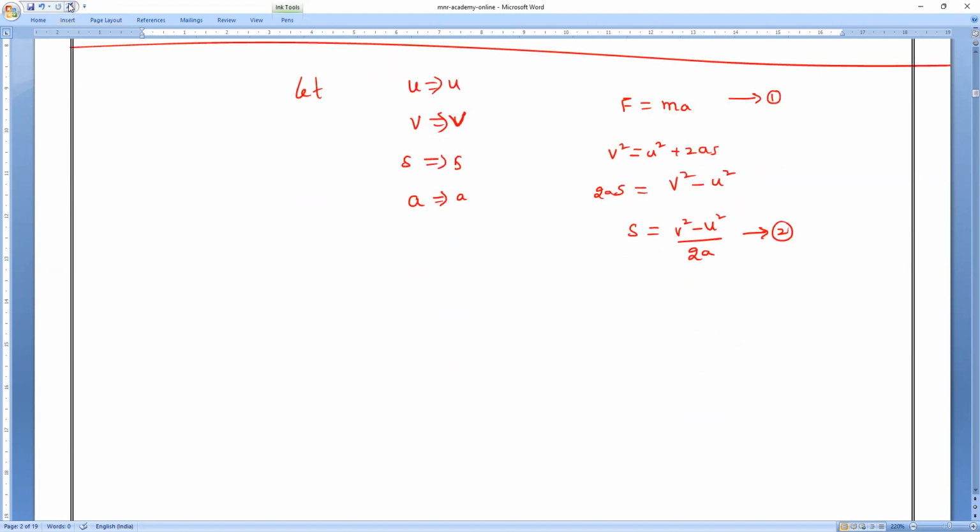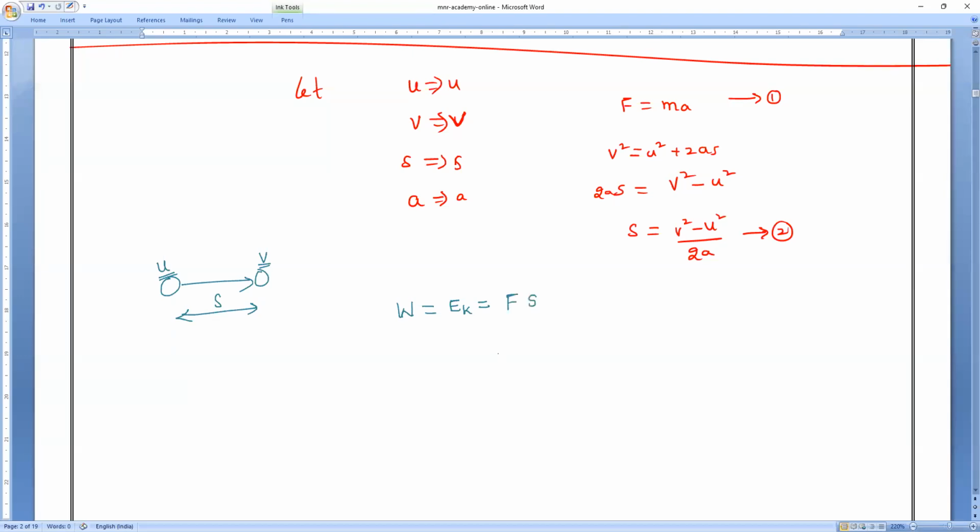Yes. So now what they are doing, work done is equal to, we all know, the energy possessed by a body to change the velocity from u to v after traveling a distance. The work done is equal to the energy possessed by the body, which is equal to what?